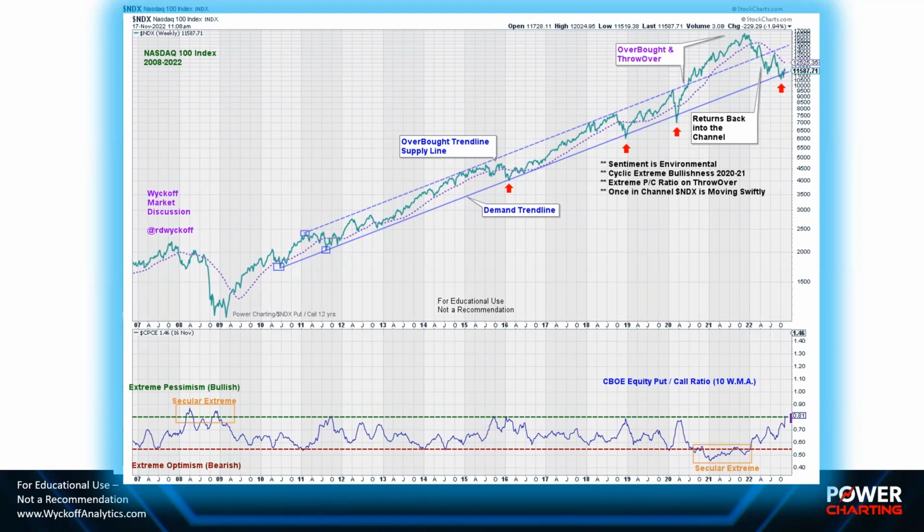But note this interesting thing, and this is our next topic, which is sentiment, in the 2 minutes we have left. You can see that the put buying and the put activity has continued to rise on this very long-term 10-week moving average. Quite an unusual situation. It shows that pessimism is becoming more extreme as the market is attempting to rally up. Fascinating situation.